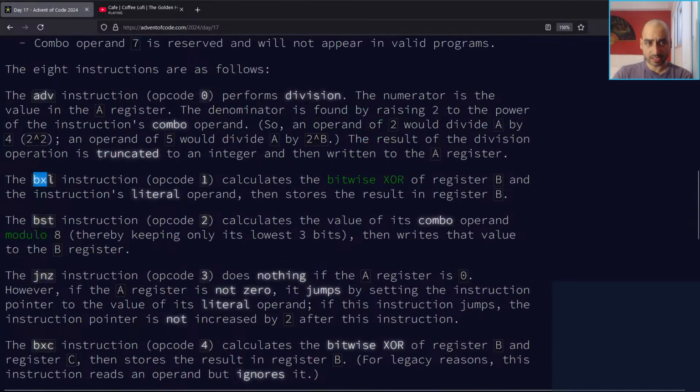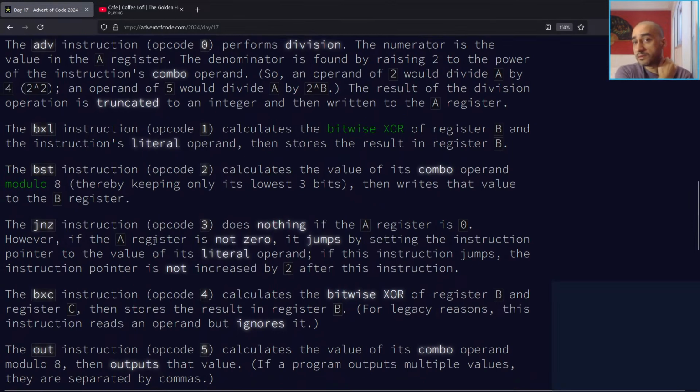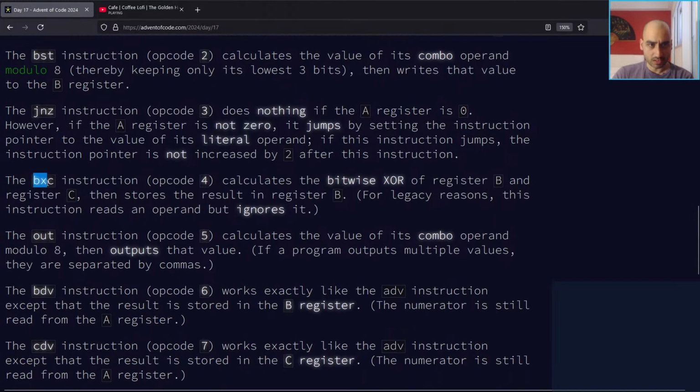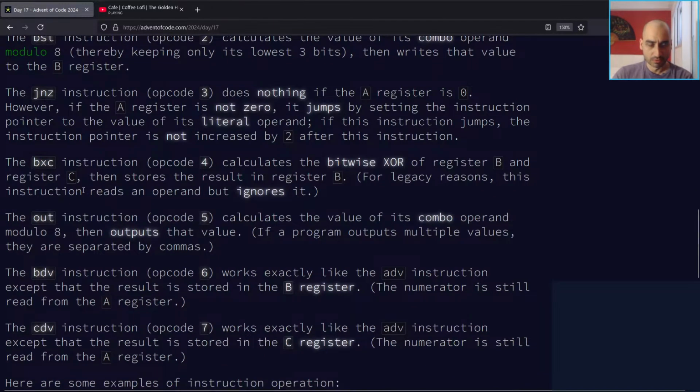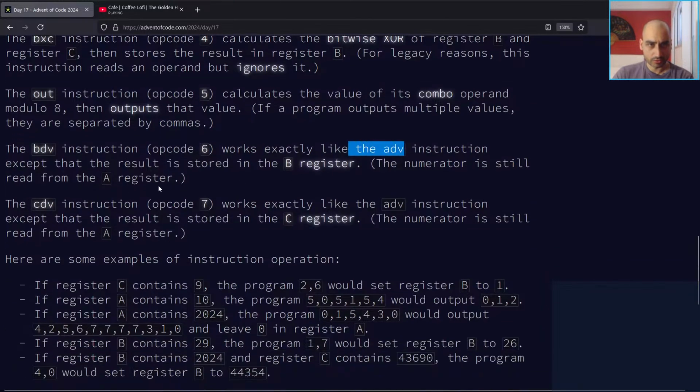All right, fine. bxl is bitwise XOR of B and the literal operand. Okay. bst is combo operand modulo 8 written to B. Alright. jnz does nothing if the A register is 0. Okay. I don't just skim through these. Might as well just code them as I'm properly reading them. Alright, seems straightforward.